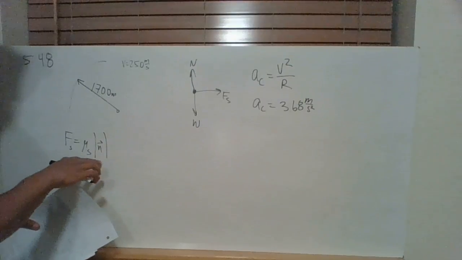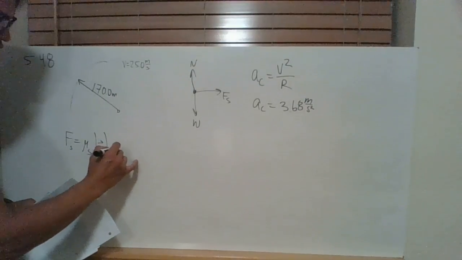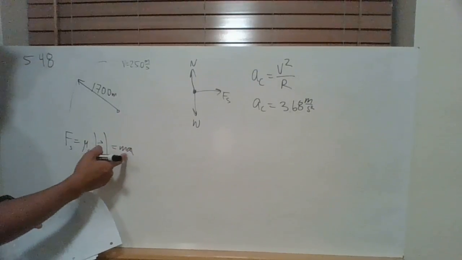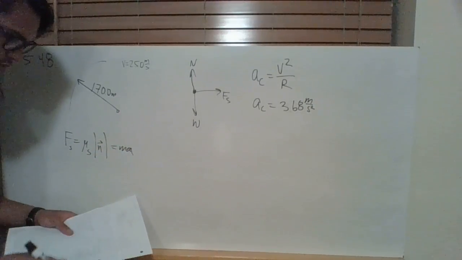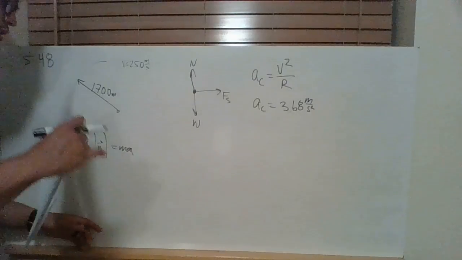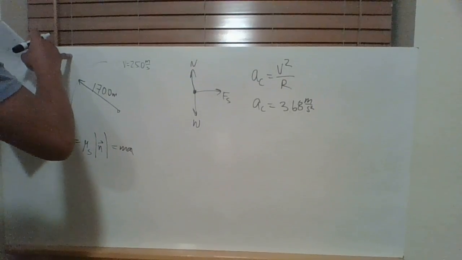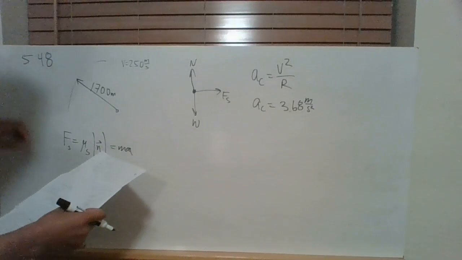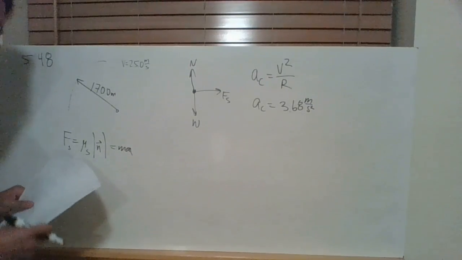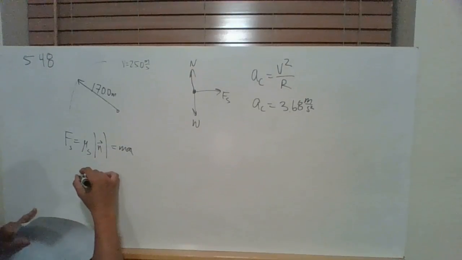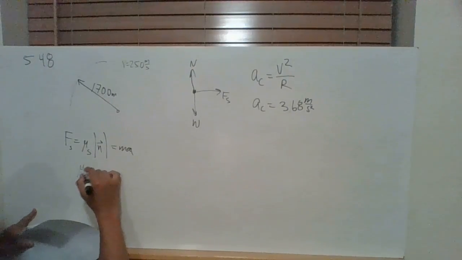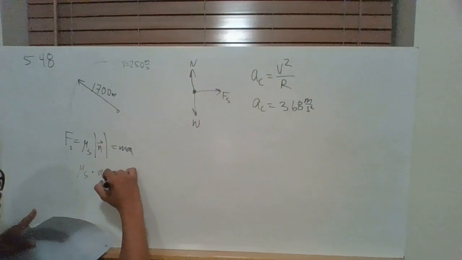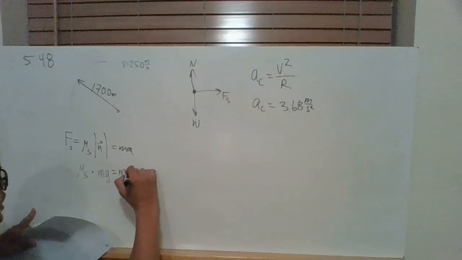So we can say that this is also equal to ma, because force is equal to mass times acceleration. We can rewrite this in a couple different ways. We know that the normal force is just equal to the mass times gravity. So we can say mu times mg, which equals ma.